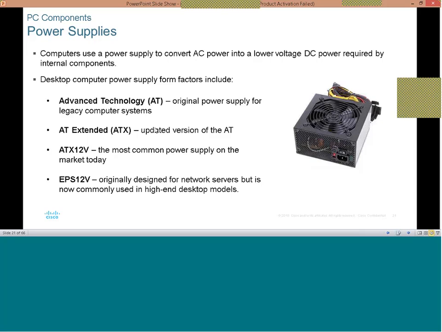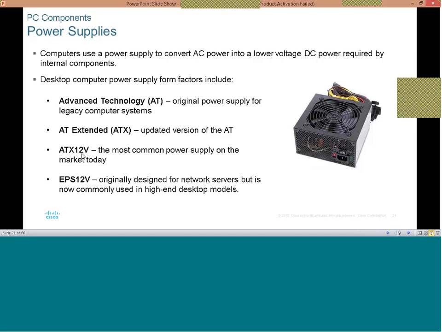Now, an updated version of the AT, which is also currently in vogue, is the AT extended. These are different power supply forms to drive different computer systems.